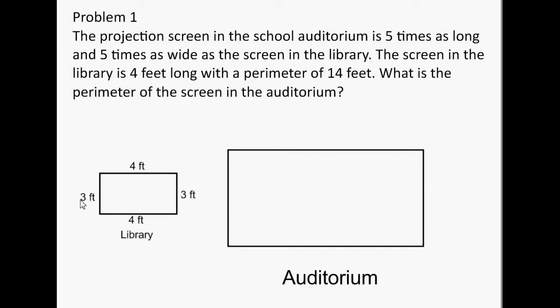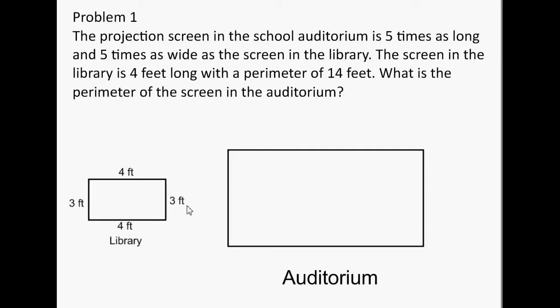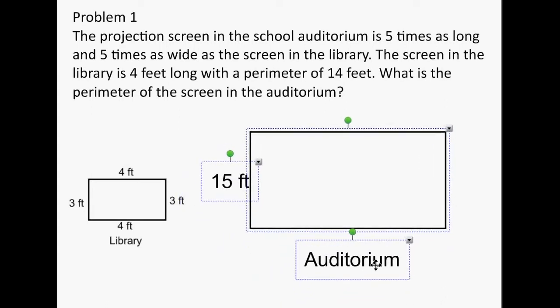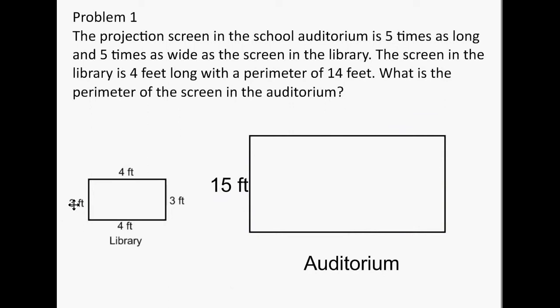So if it's 3 here on this side, then 5 times more would be how much on the other side? So we're trying to think of 3 times 5. Well, I know that 3 times 5 is 15. Okay, see that 15 shows 5 times more, because it was 3, and 5 times more than that is 15.